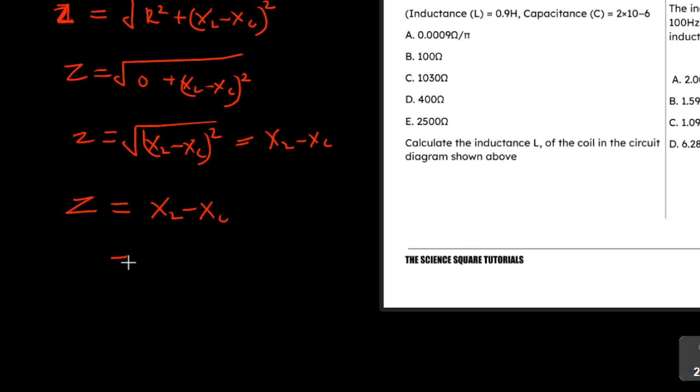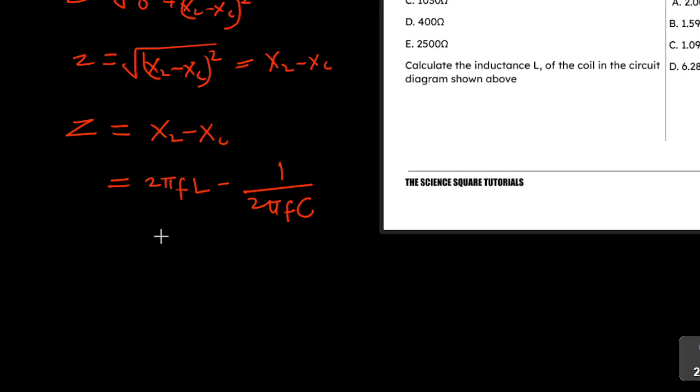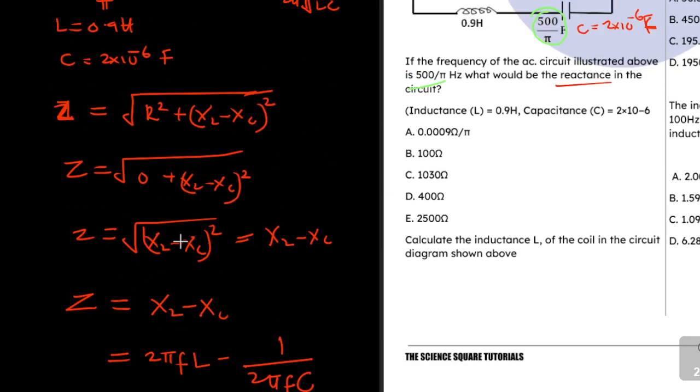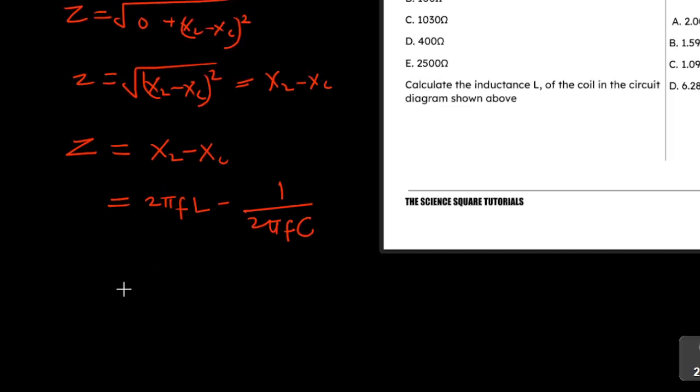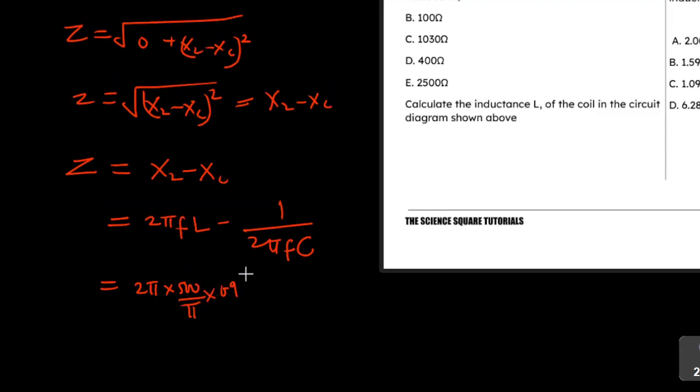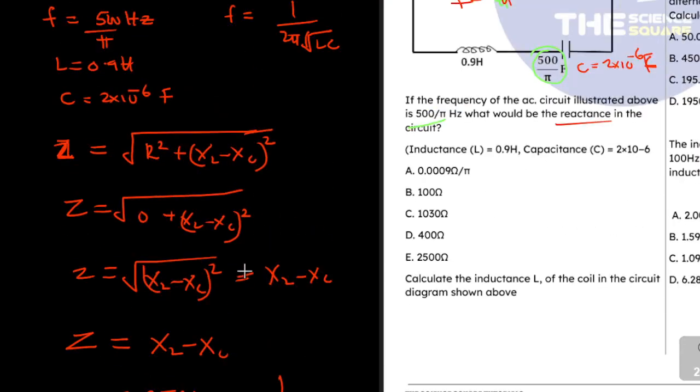So how do we go about this now? We need to calculate our XL, and our XL is what? 2 pi FL minus, and our XC is 1 over 2 pi FC. So all we need to do is to substitute everything we have. So this is 2 pi multiplied by 500 over pi multiplied by 0.9. Our H is given to be 0.9.